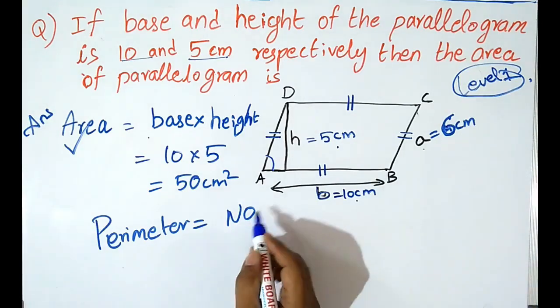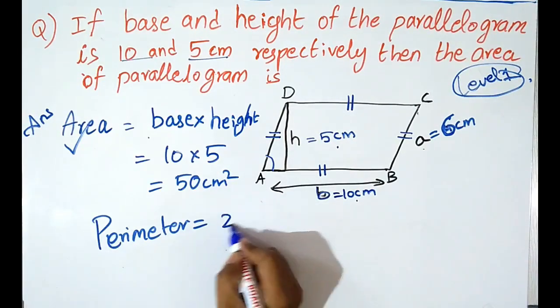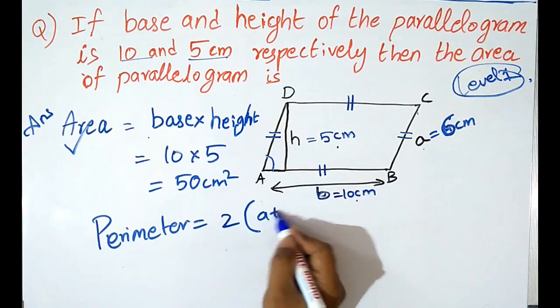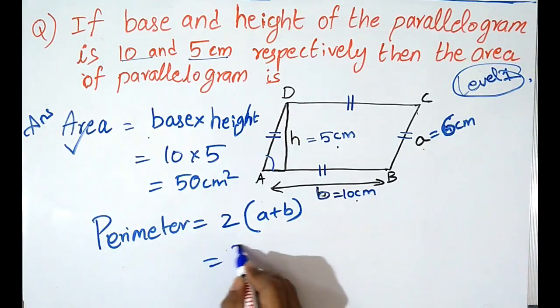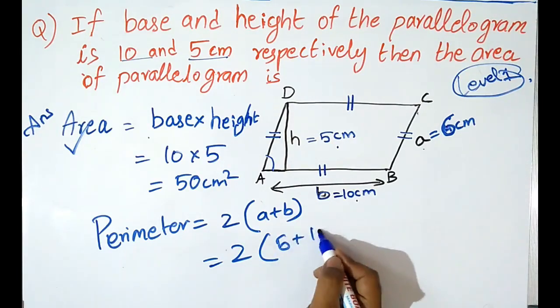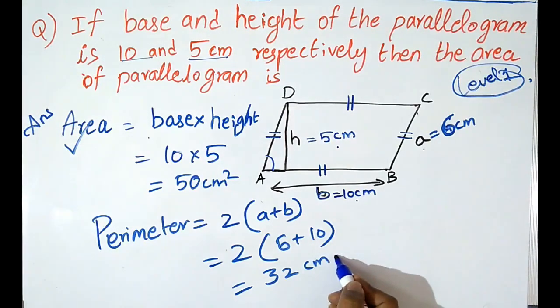Okay, then we can find the perimeter. The perimeter is given by 2 into A plus B. 2 into 6 plus 10, 2 into 16, that is 32 centimeters.